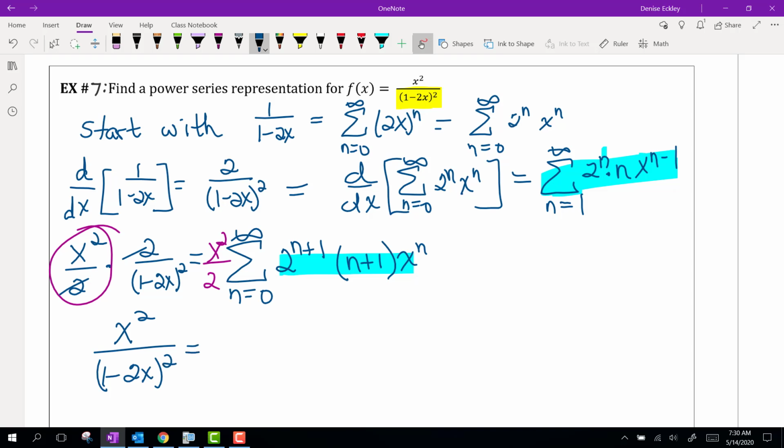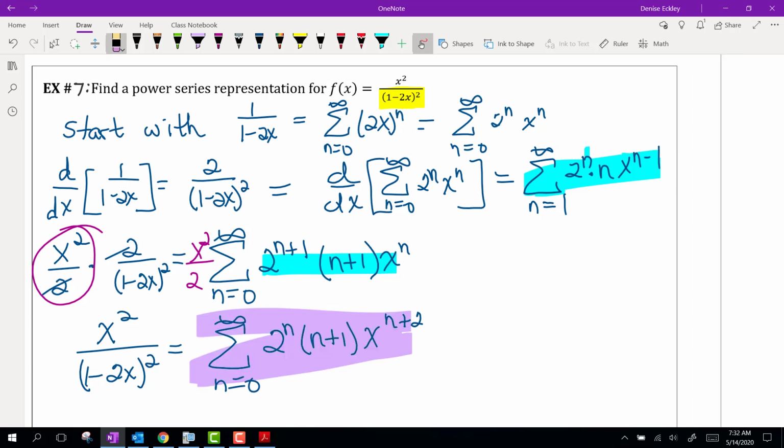So that is going to be the summation n equals 0 to infinity. Bringing the 2 in, that changes that back to 2 to the n. I have the n plus 1. And now the x is going to change power because I have x to the n times x squared. So that's going to give me x to the n plus 2. And there is my power series.